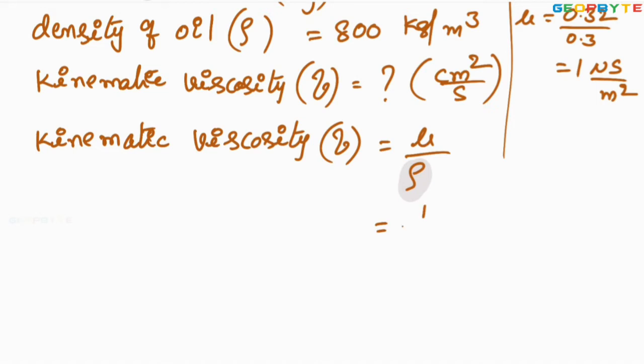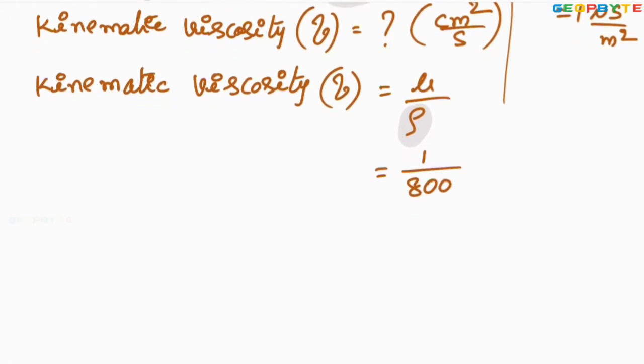It is equal to 1 by the density of the oil, which is given as 800 kg per meter cube. Dynamic viscosity by density is the kinematic viscosity. You simplify this value, getting 1.25 into 10 raised minus 3 meter square per second.